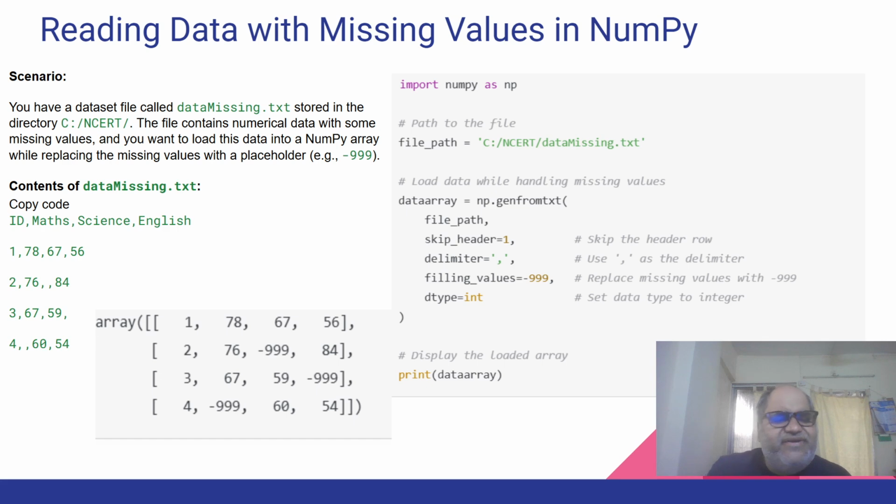Wherever your data is missing, for example in this case 276, the third data was missing, that got assigned minus 999, and again in the last row the second value was missing, so it got minus 999. In one go you can specify which value to replace it with if it is NA.